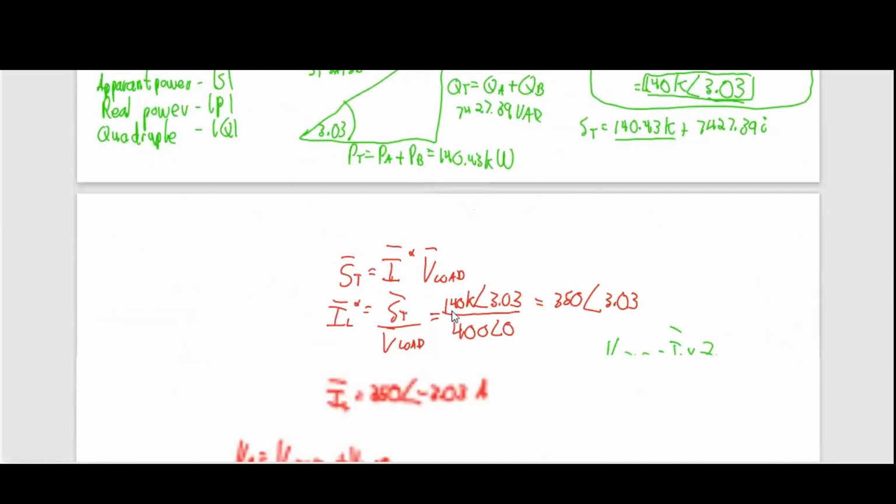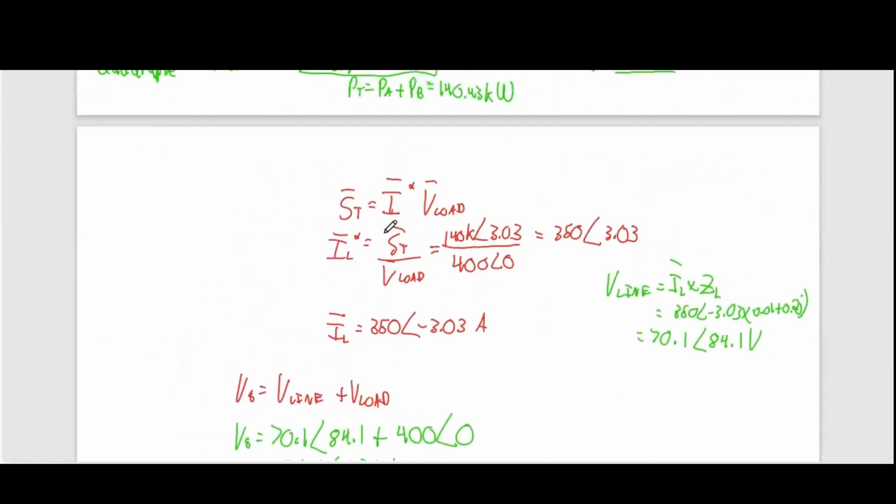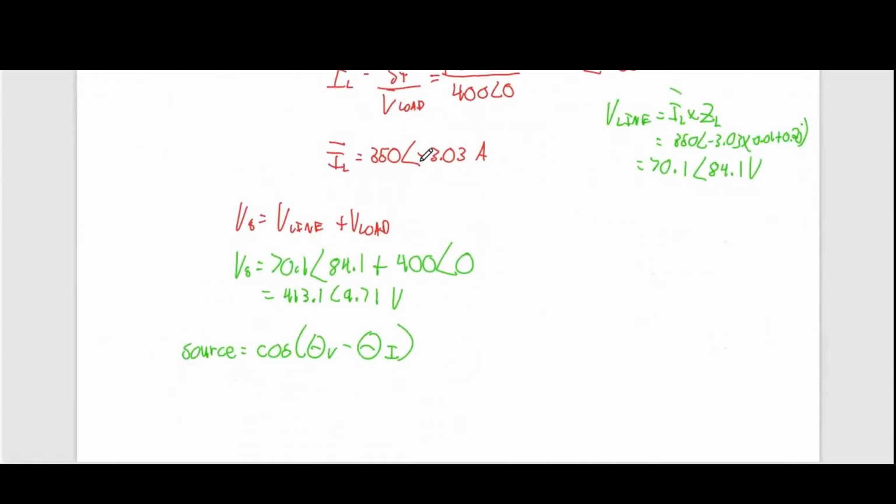All right, source power factor. Let's write the equation. The source power factor is just cos of theta V minus theta I. So in this case, it will be 9.71 subtract 3.03. Let me just check my notes to make sure.